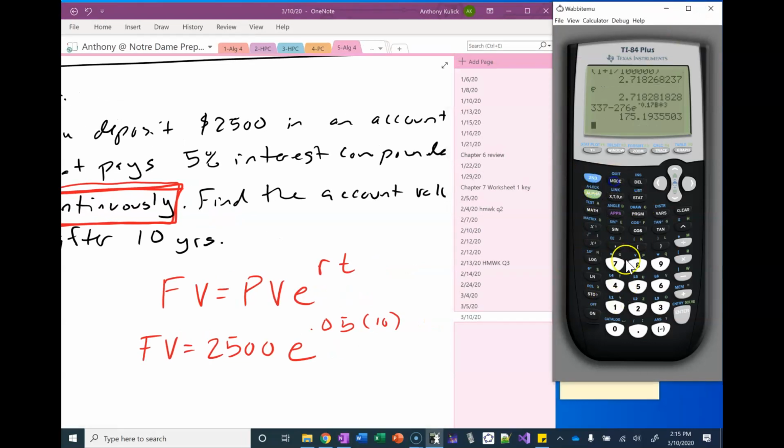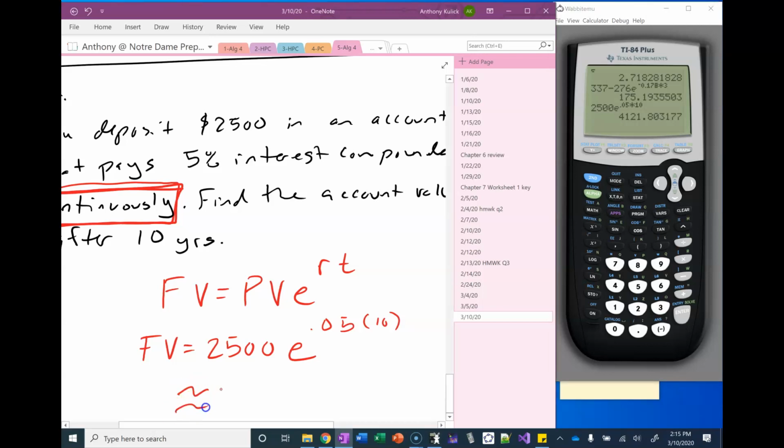So now I can just type this into my calculator. And we get $4,021.80. Is everybody okay there?